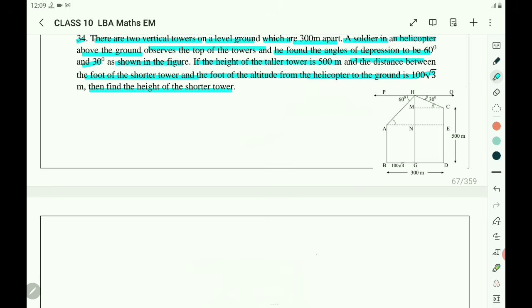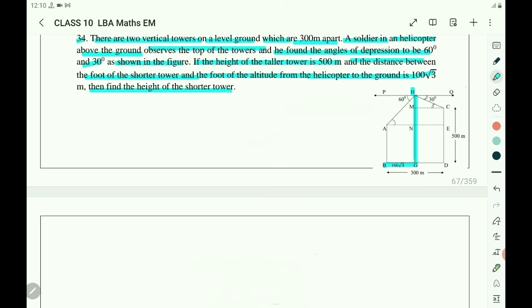Here two towers are there, AB and CD. These are the two towers, and the soldier is in the helicopter H, and the height of the helicopter from the ground is HG. The distance between the foot of the tower AB and the foot of the altitude from the helicopter to the ground, G, is 100 root 3.